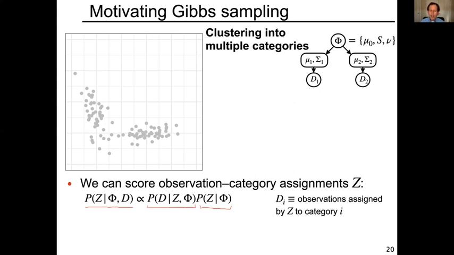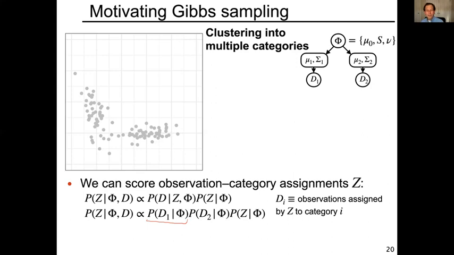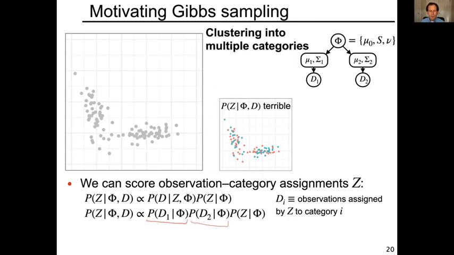Okay, and so if we redescribe this a little bit, if we call D sub I the set of observations assigned by Z to category I, then we can rewrite this: the posterior is proportional to the marginal likelihood of D1, that is the data in category 1, times the marginal likelihood of the data in category 2, and then times that prior of Z given phi. We can use this at this point to illustrate one possible assignment Z in this smaller window.